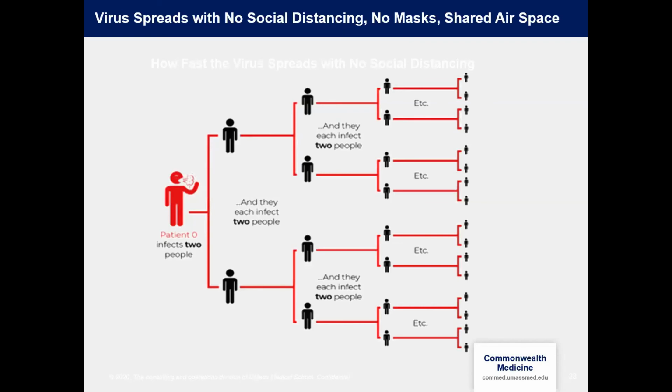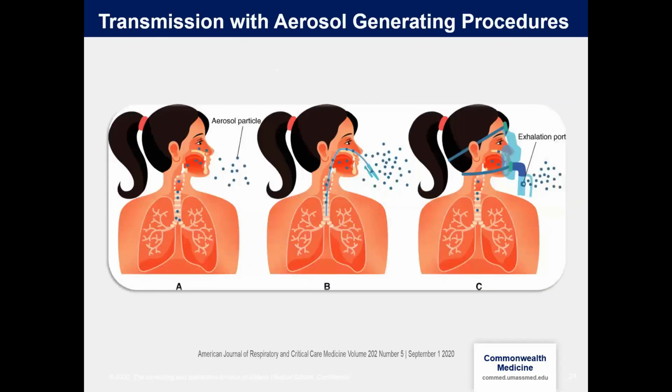So you can see why one person can easily affect two, and those two people easily two more to four, those four easily to 16 to 64 and so forth. And this is why it just took off so fast in certain settings where it started to spread because of that bioaerosol transmission.